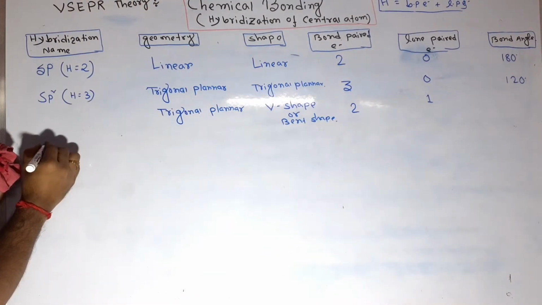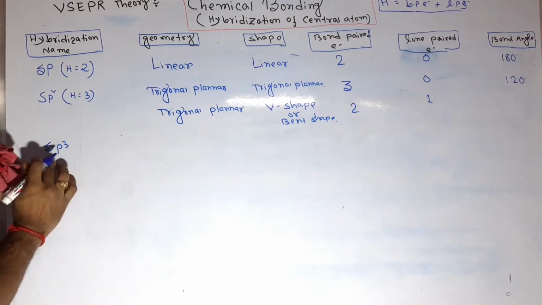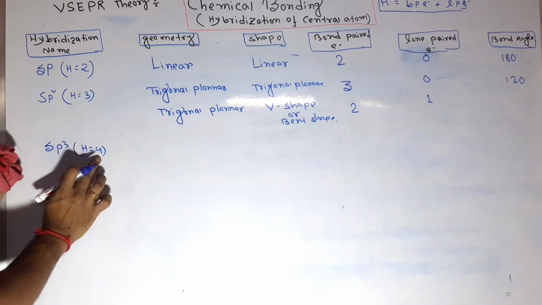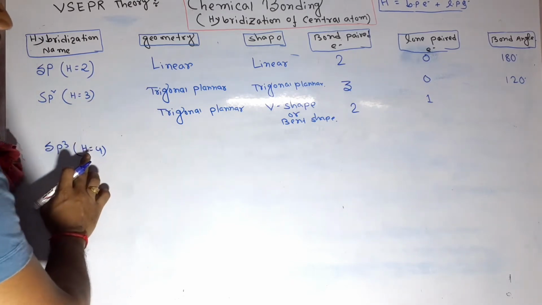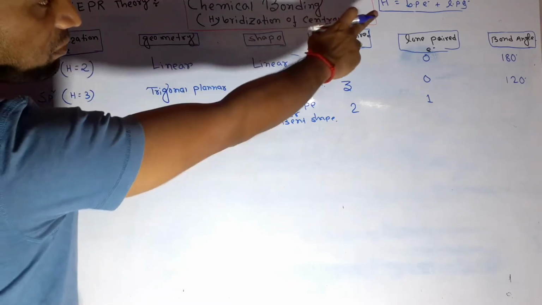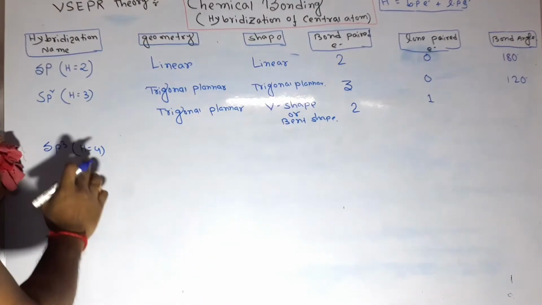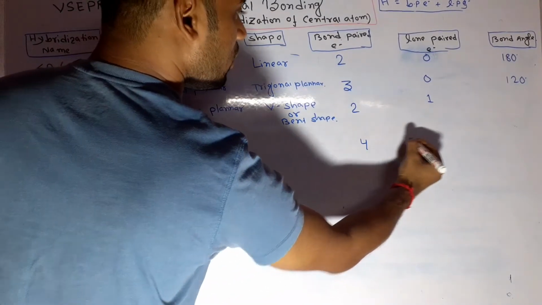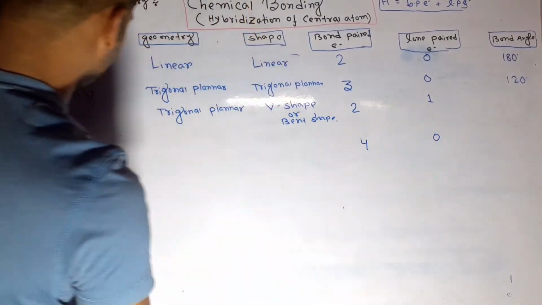Next, hybridization sp3: one s and three p orbitals, which means the hybridization number is 4. What are the possibilities for 4? The hybridization number is given by bond pair electrons plus lone pair electrons. The first possibility is 4, 0: 4 plus 0 gives hybridization number 4.